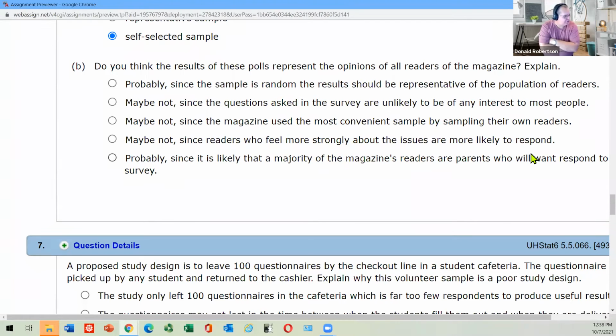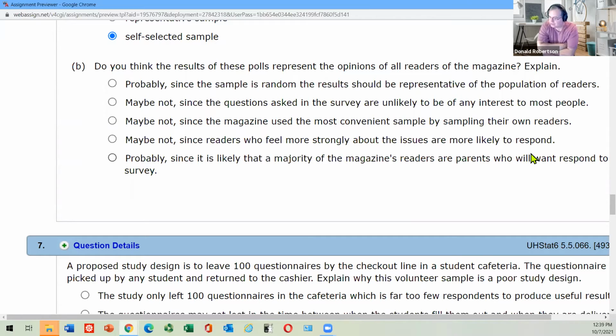I'll read them out, maybe that's quicker. Probably, since the sample is random, the result should be representative of the population of readers. Maybe not, since the questions asked in the survey are unlikely to be of any interest to most people. Maybe not, since the magazine used the most convenient sample by just sampling their own readers.